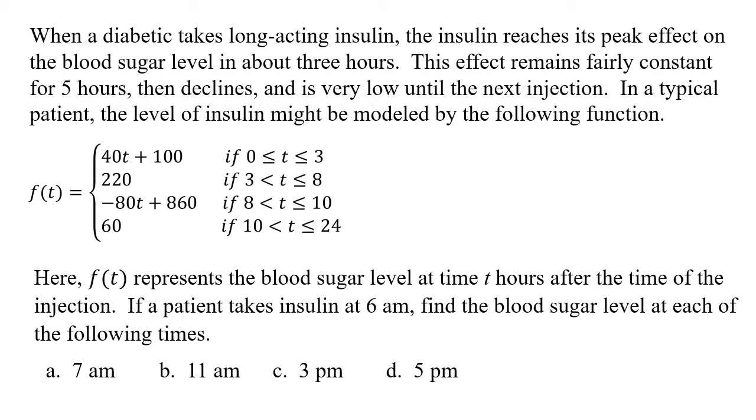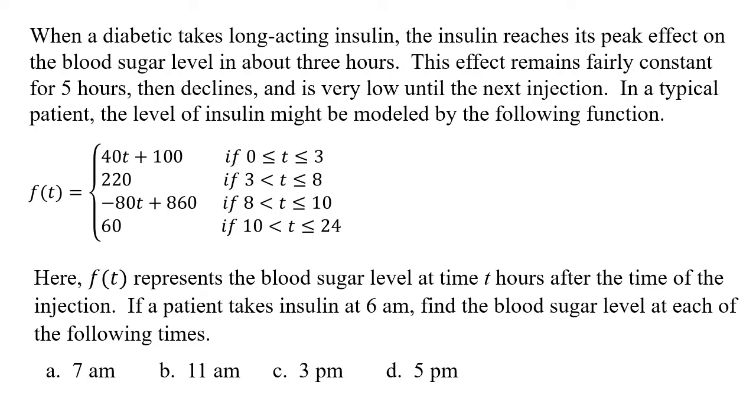Here, f of t represents the blood sugar level at time t hours after the time of injection. If a patient takes insulin at 6 a.m., find the blood sugar at each of the following times. And we're going to find it at 7 a.m., 11 a.m., 3 p.m., and 5 p.m.